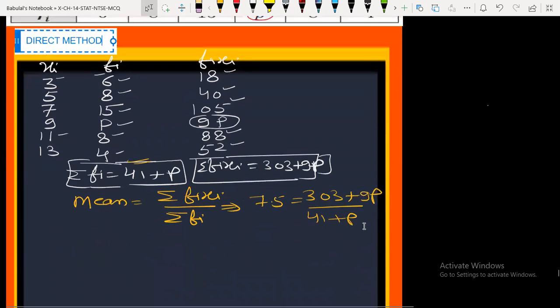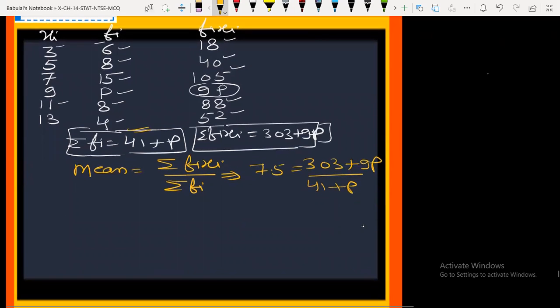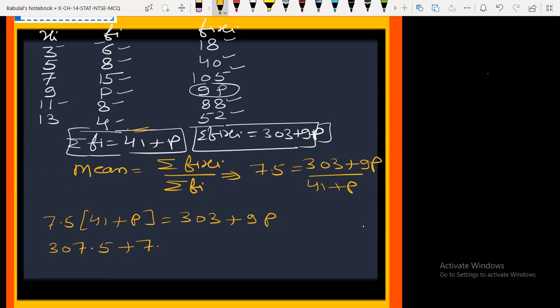Can you multiply further? Now we can multiply here by cross multiplication. 7.5 into 41 plus p, that is 303 plus 9p. 7.5 into 41, that is 307.5 plus 7.5p, that is 303 plus 9p.